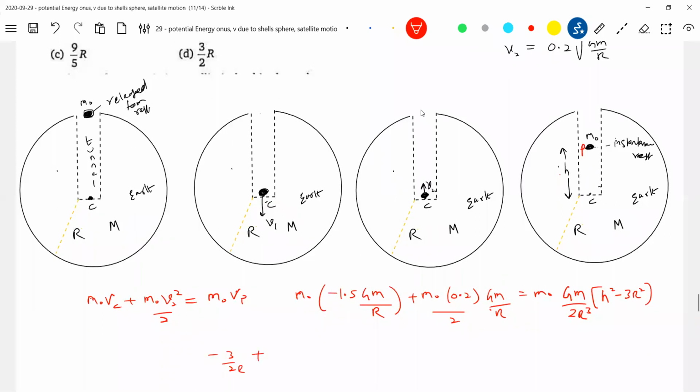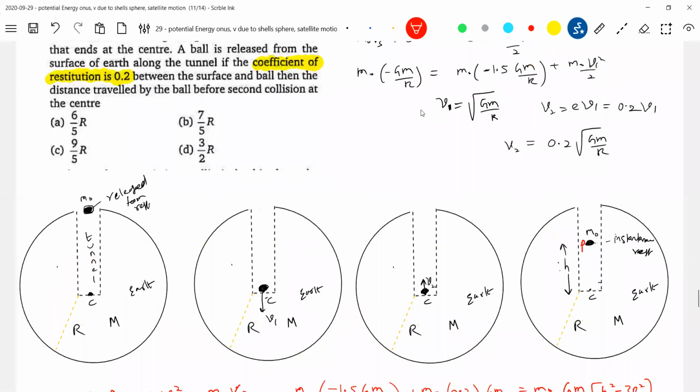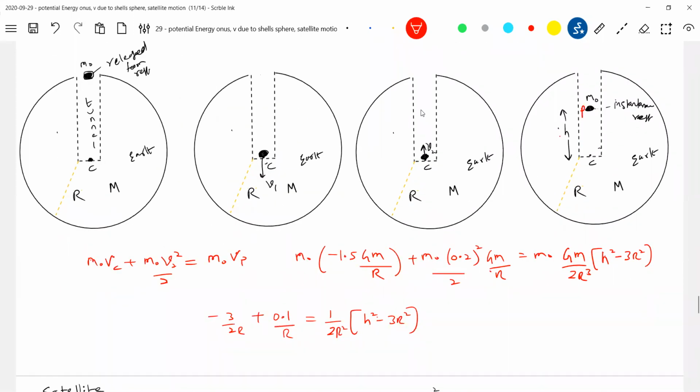Then this will be 0.1 by r plus this should be equal to 2r square, 3r square. Sir, 0.2 whole square, no sir? 0.2 whole square is 0.04, so 0.02 by r. Square is there, no?